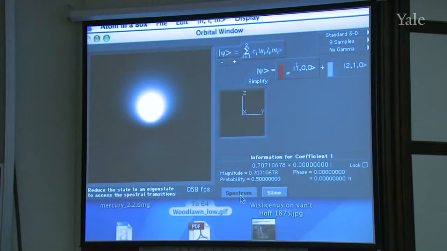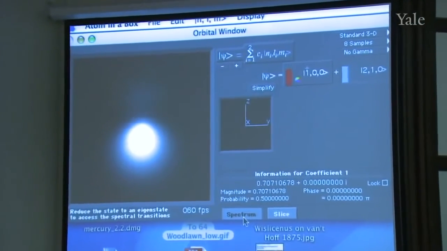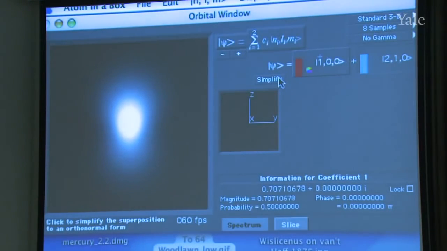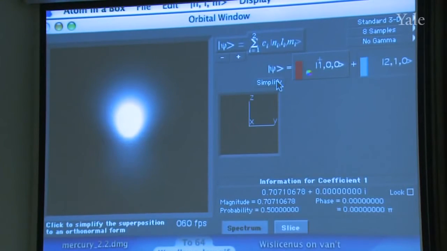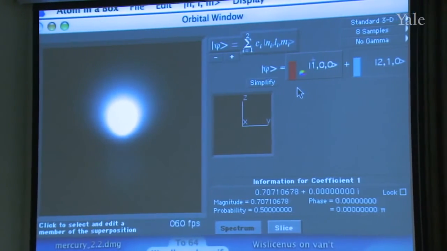But anyhow, it gives you what the spectral transitions are, what energies are involved. Oh, I think it's because I didn't get simplify to work here. Why isn't it simplifying? My guess is because I blew this up to be on the screen, it's not showing.